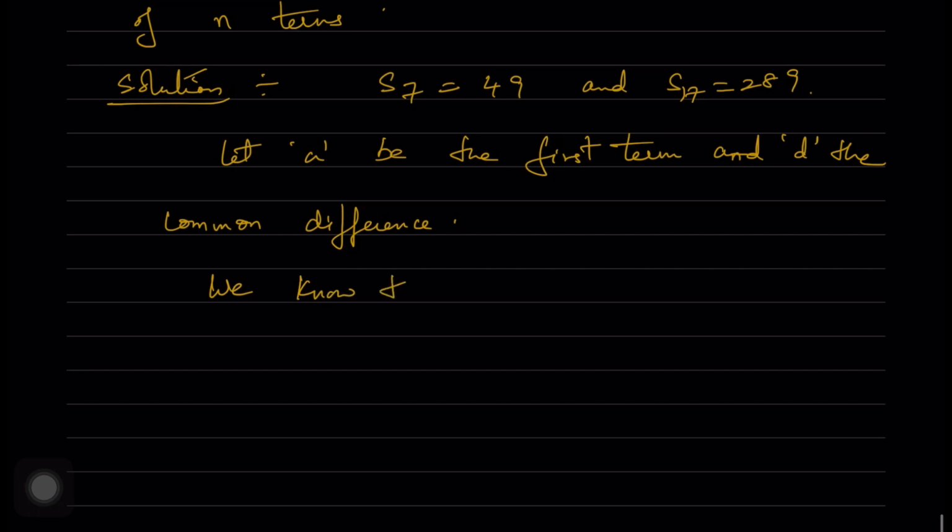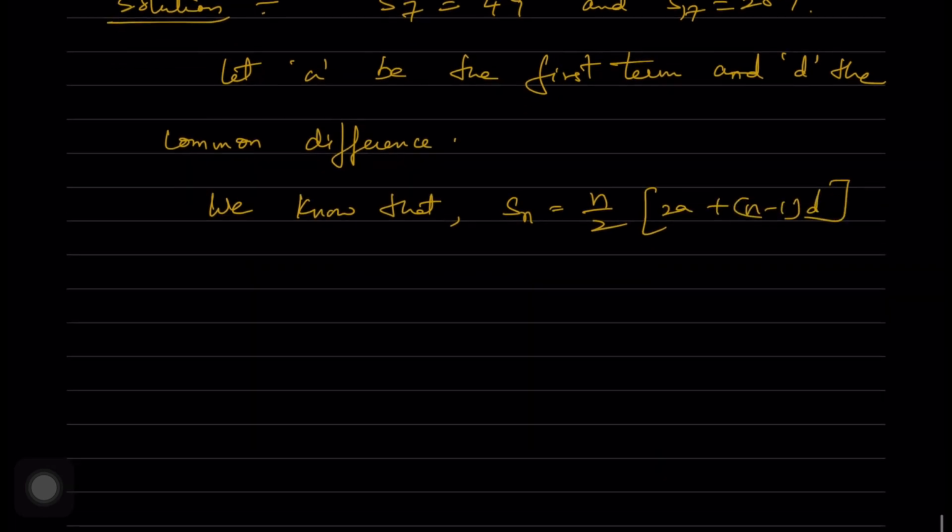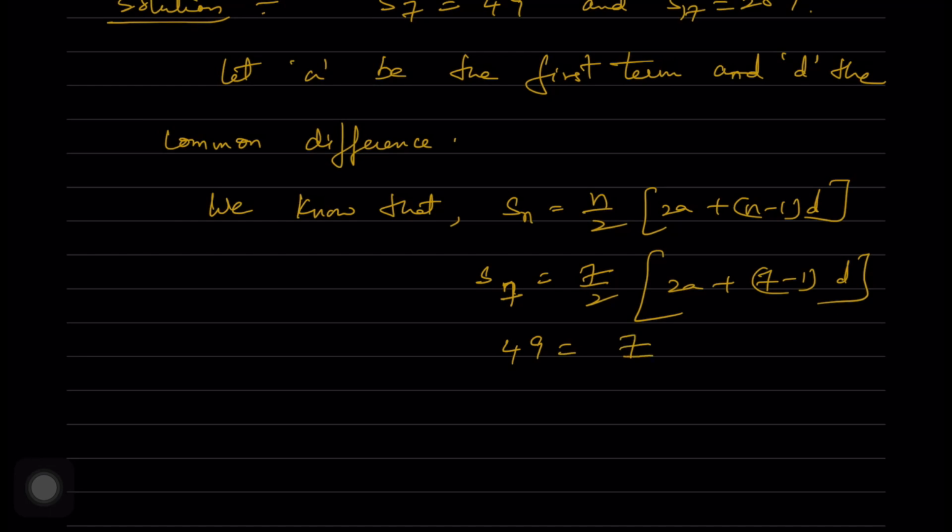So we know that Sn is equal to n by 2 into 2A plus n minus 1 into D. Therefore S7 is equal to 7 by 2 into 2A plus 7 minus 1 into D, so 49 is equal to 7 by 2 into 2A plus 6D.